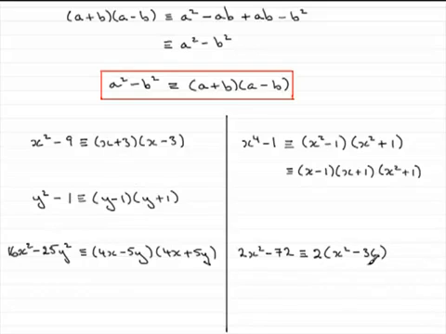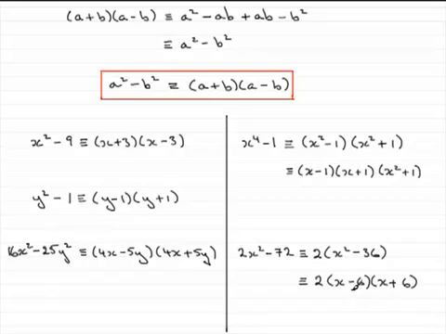So we can factorize this further. So put an identical sign down, put the 2 in, and we factorize this as x minus 6 times x plus 6. So we've now got three factors.